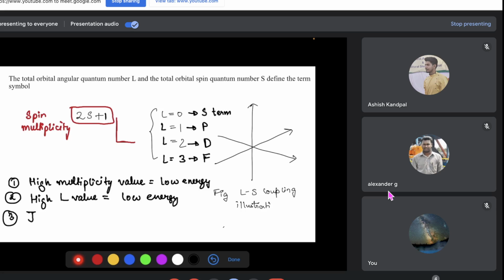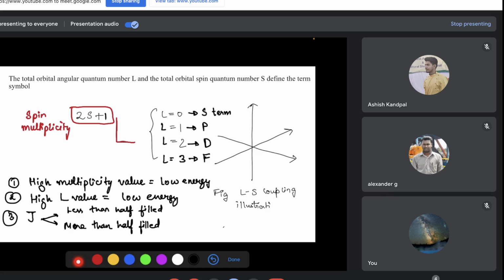So here J value is something like, if my orbital is less than half filled or more than half filled.